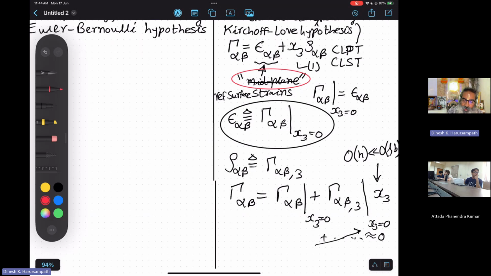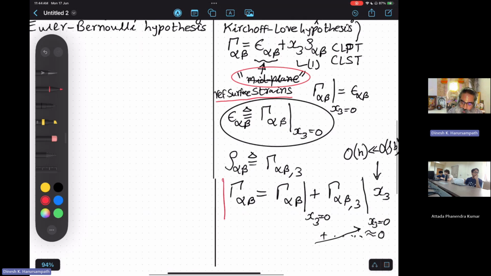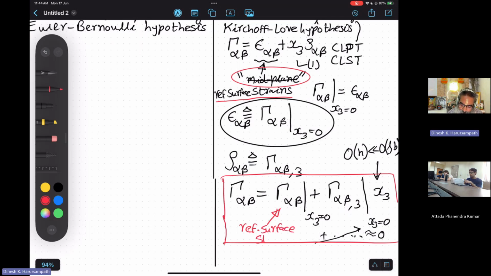So in general, we can call it the reference surface strain. And still, this whole thing holds good that you're talking about the reference surface strain.